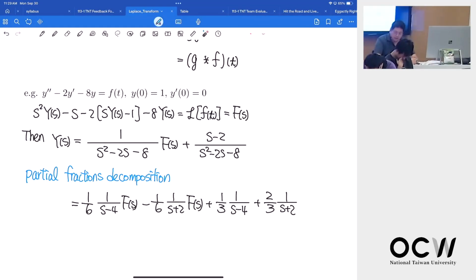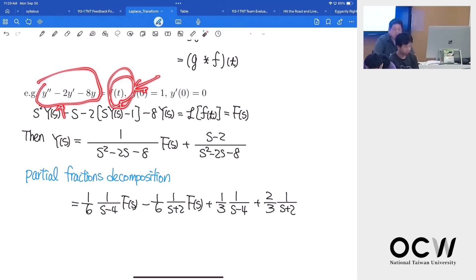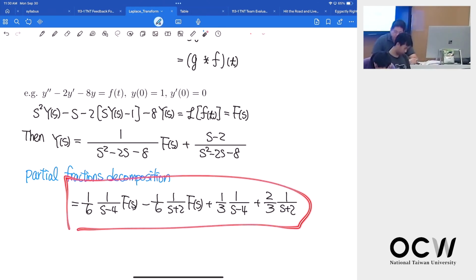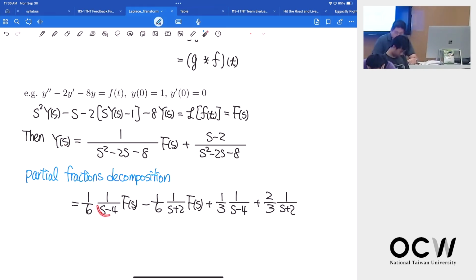Sometimes you have the same differential equation with a different forcing function. So this forcing function is undecided. So far you can express your solution in the Laplace domain with this form. And later, when you try to find the solution y, here we see two functions multiplied together in this domain.